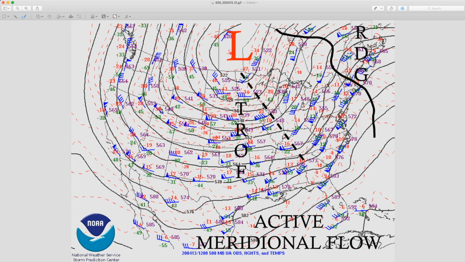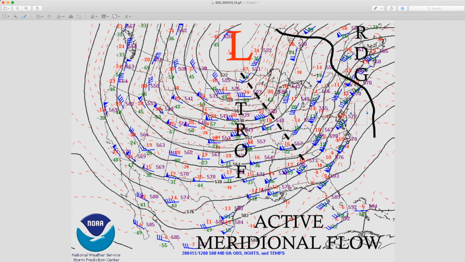Now, the important part about all of this is that you don't need to do this, okay? I want you to do this in your head. I want you to realize this 500 millibar pattern is active. It's going to be an active weather pattern.